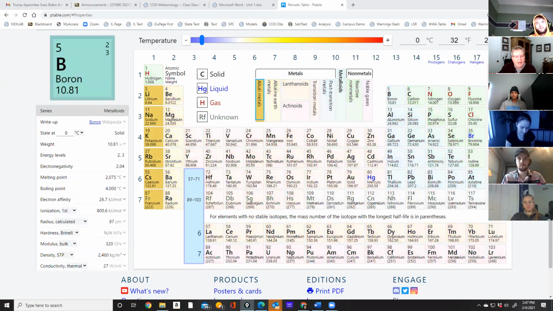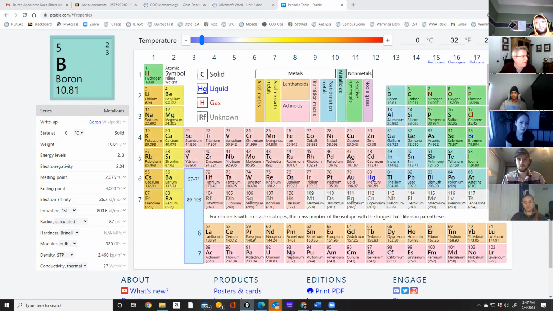What's the number 1 most abundant gas in the atmosphere based on the notes? Nitrogen. But nitrogen's chemical symbol is N2. And what that means is when I look at nitrogen, the atomic number is 7, it weighs 14. So that's 7 neutrons, 7 protons.